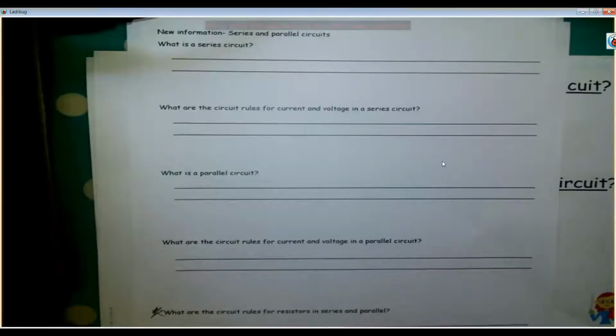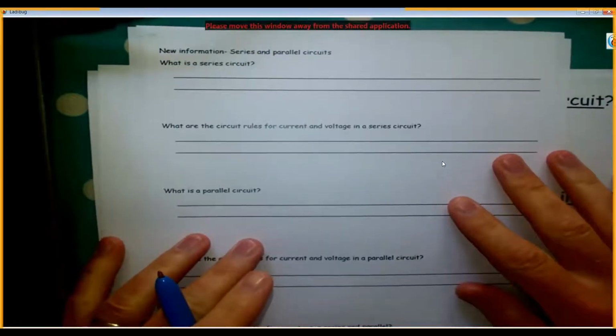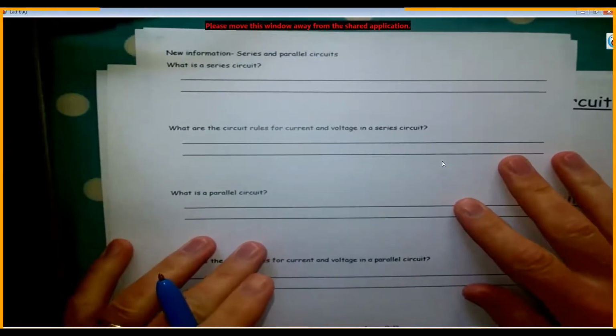Here we go. Right, so our new knowledge today. What is a series circuit?